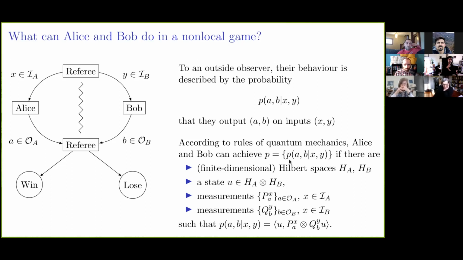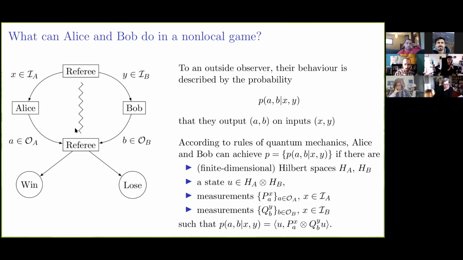And according to the rules of quantum mechanics that I mentioned already, Alice and Bob can get to P(A,B|X,Y) if there are Hilbert spaces H_A and H_B for their local systems, and then a state u in the joint system H_A tensor H_B, and then measurements, because they've got to figure out these outputs, and they're going to do that by measuring their system. When you think about something, they interact with the system and then get some answer. That's a measurement in a very abstract sense.